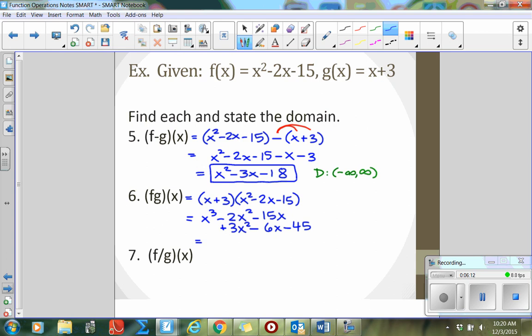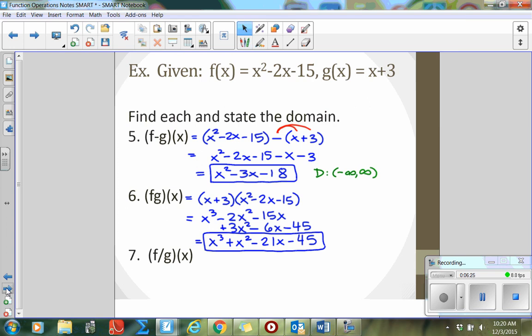And then I'll combine like terms. Our result is still a polynomial, it's a cubic polynomial, but since it is a polynomial function, the domain remains all real numbers. There's no domain restriction with polynomials.